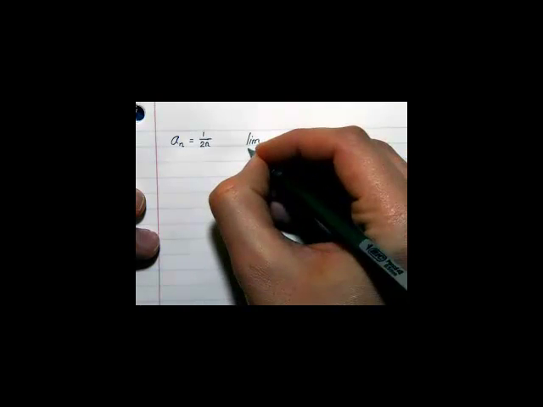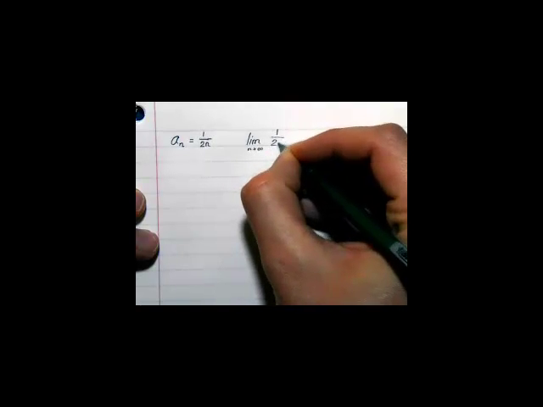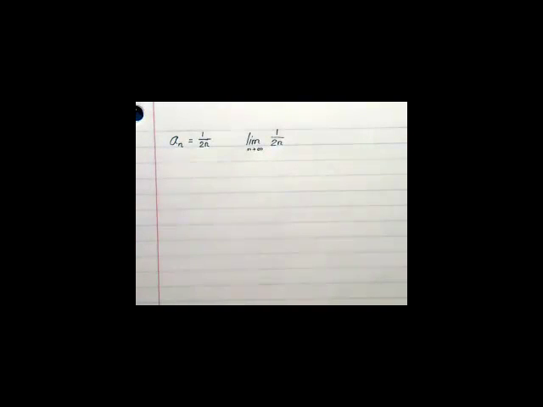The limit as n goes to infinity of 1 over 2n. So think about that just from that perspective. If n gets infinitely large, what's going to happen to that fraction?